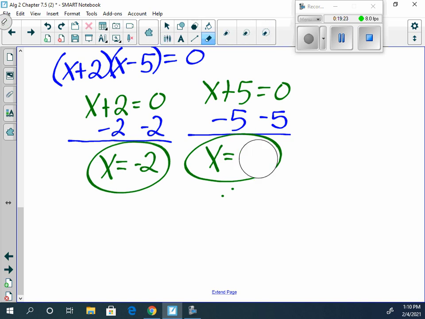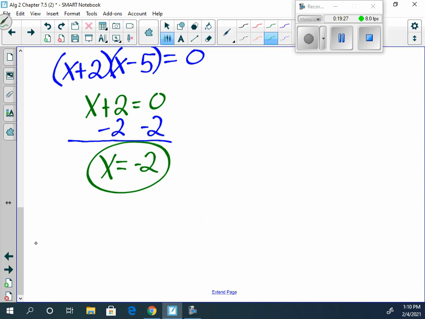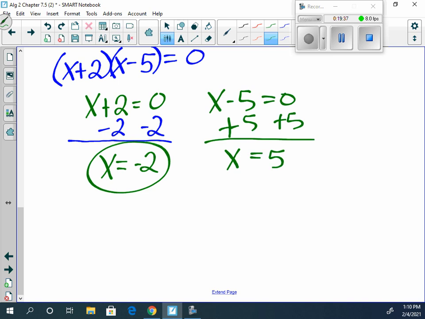What should x be? Yes. Because it should be x minus 5 is equal to 0. When we add 5 to both sides, we get x is equal to positive 5. Or either one of these are restrictions. What were our restrictions?